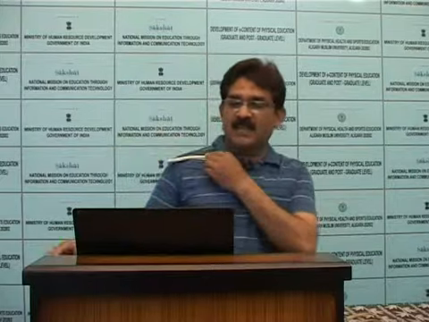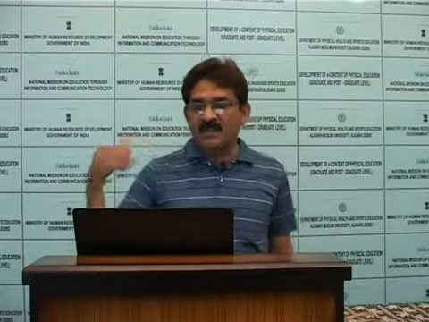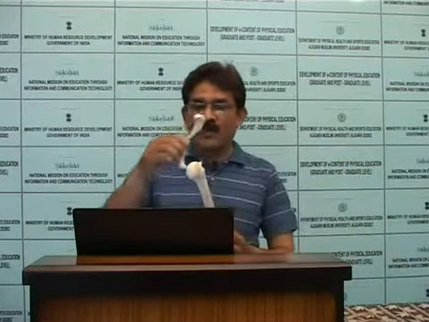Both sides are here. This is also called the clavicle or collarbone. One on this side and another on this side. This makes the shoulder joints with the help of the humerus.